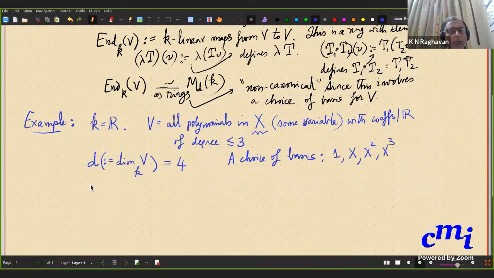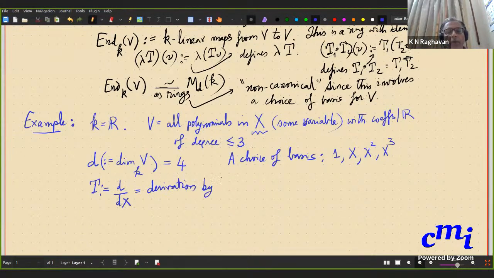Now, I'm going to define T to be the derivative map, so this is differentiation by x. If I take a polynomial of degree at most 3 and take its derivative, its degree comes down, as we know, so it's also going to be of degree less than or equal to 3.